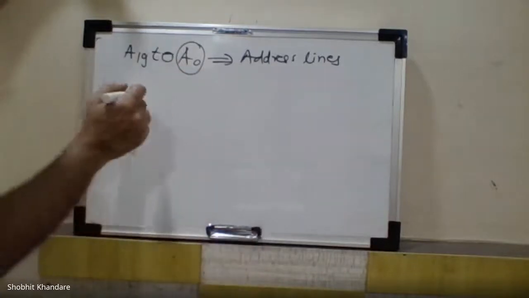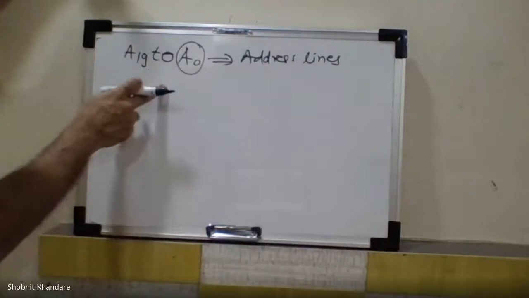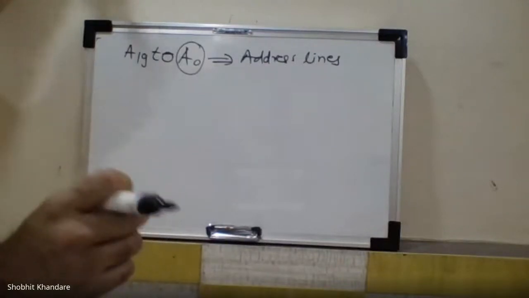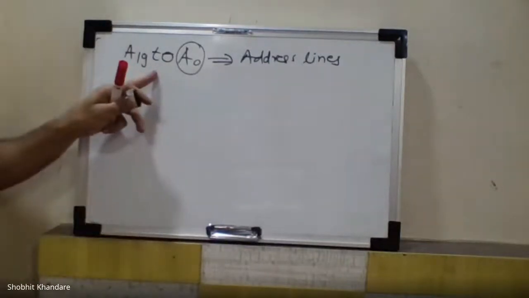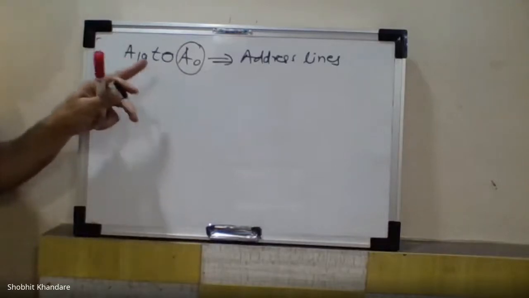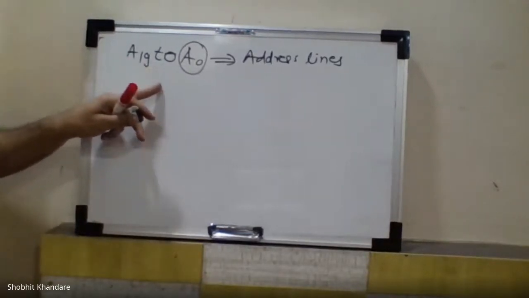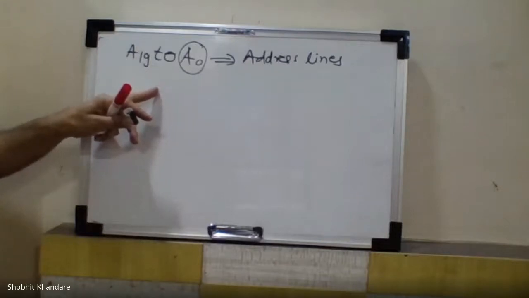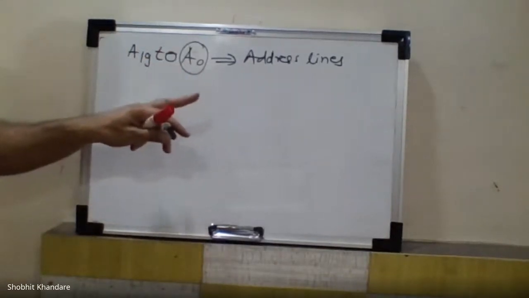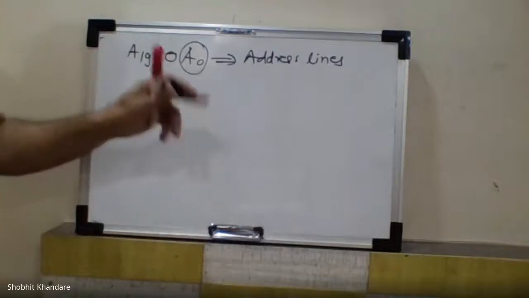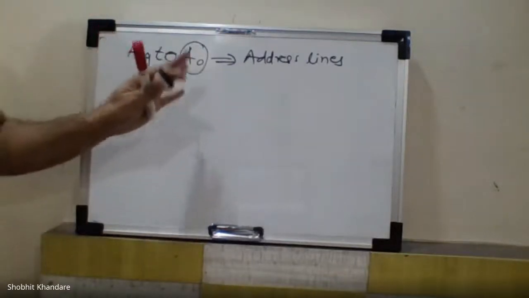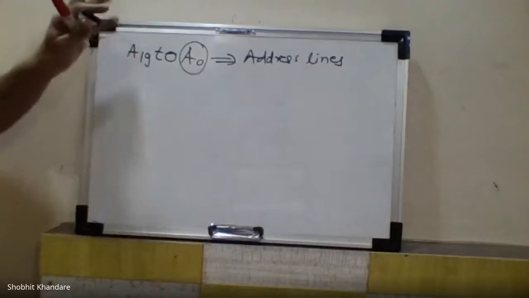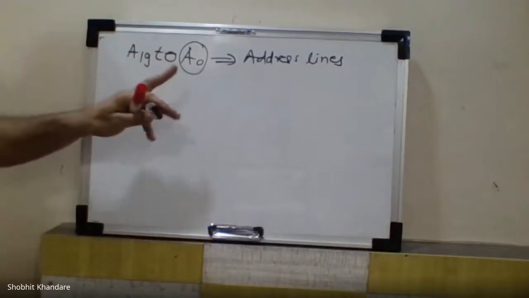You can write down after this, all of you. Please write down: if we choose A0 to divide the memory into two parts, the 1 megabyte memory into two parts, odd and even, the size of both is 512 KB.